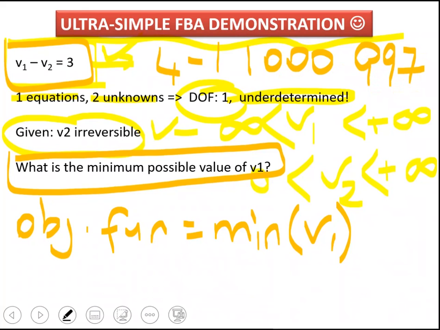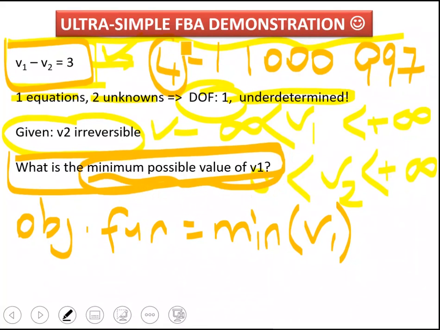But among all those alternatives, in this problem, the question is, what is the minimum possible value of V1? Here, the value of V1 is 4. Here, the value of V1 is 1000. So what is the minimum possible value of V1?